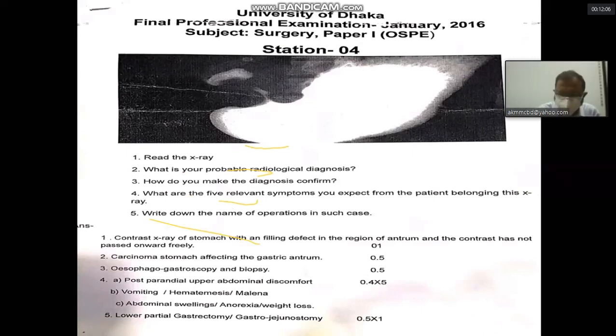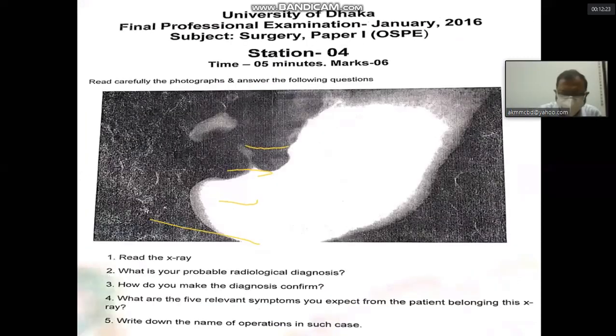You have to write down the whole thing. Only gastrojejunostomy is not the answer. So it is lower partial gastrectomy with gastrojejunostomy. Any question with this session?